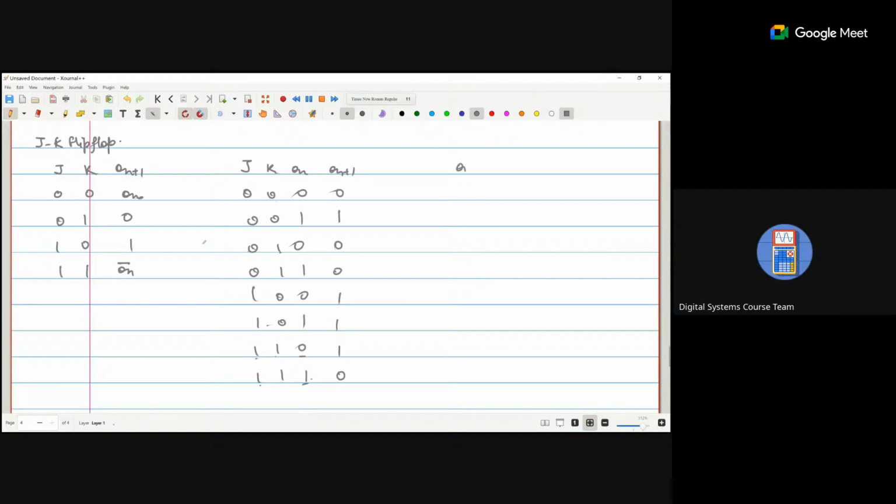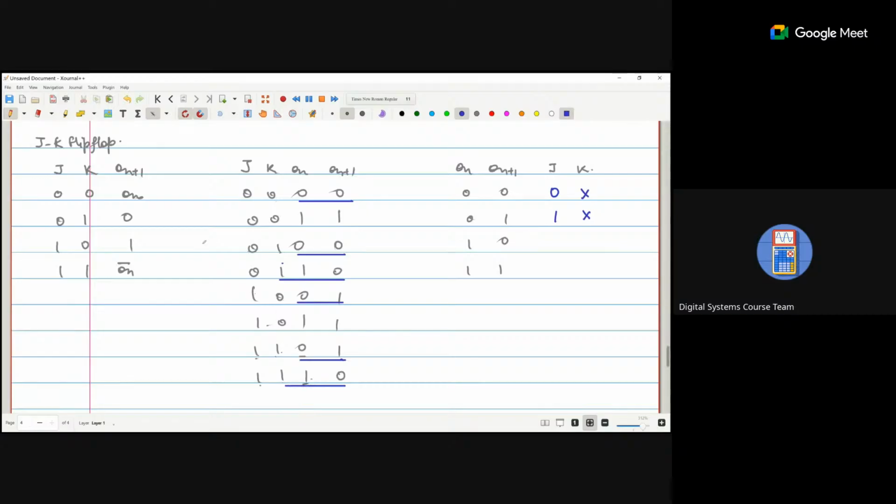Okay, and the excitation table: Qn, Qn plus 1, J and K. For 0 0, 0 0, that is 0 and K is don't care. Then 0 1, so J is 1 and K is changed, so cross. Then 1 1 and this one changes. So 1 0, this one and this one.